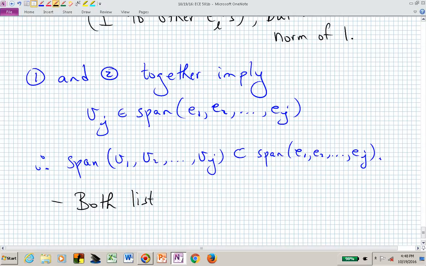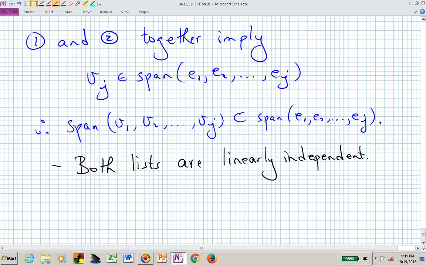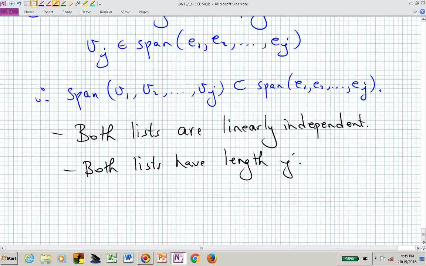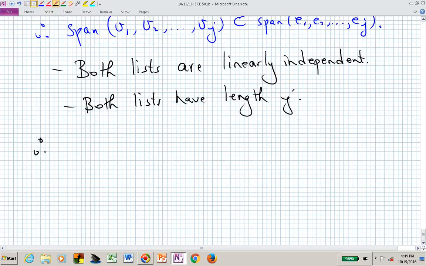Both lists are linearly independent, and both lists have the same length, which in this case is j. Therefore, the subspaces are the same.